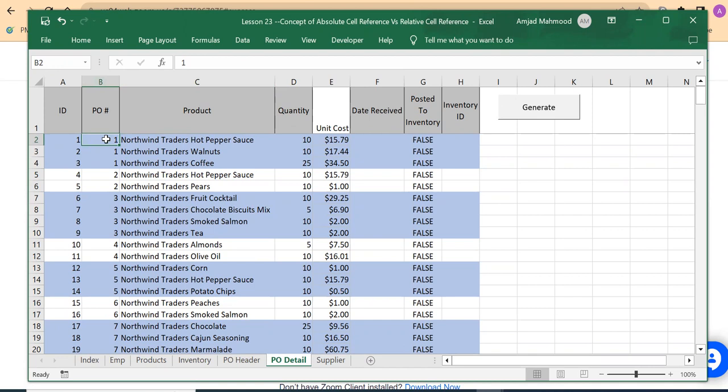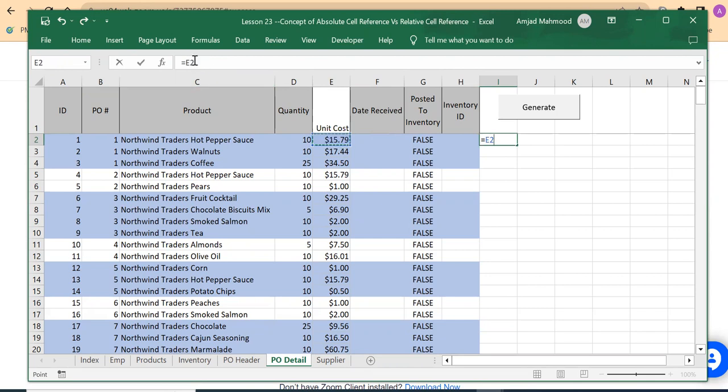So what is the difference, and when do we use an absolute address and when not? To give you an example, if I want to copy the unit cost here, what would I do? Equal to this, and I will write E2.